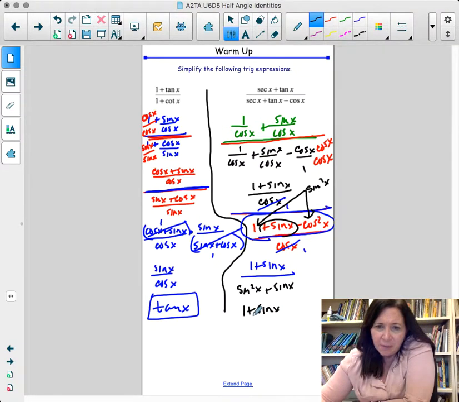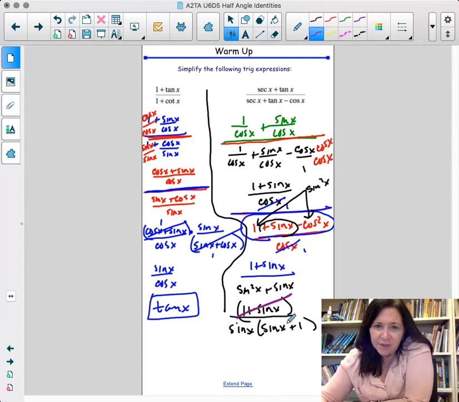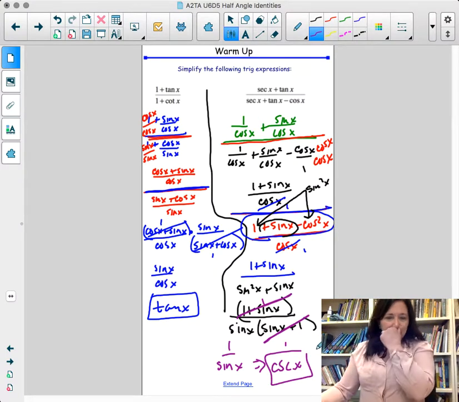I'm rewriting the top over, I'm going to factor out a sine of x. And so I have 1 factored out, sine of x plus 1. This quantity on top and this quantity down here are going to cancel and make 1. So I have 1 over sine of x, which is equal to cosecant of x. Box that up.